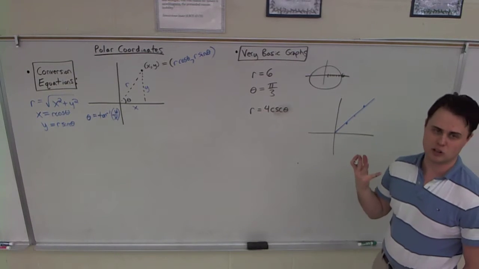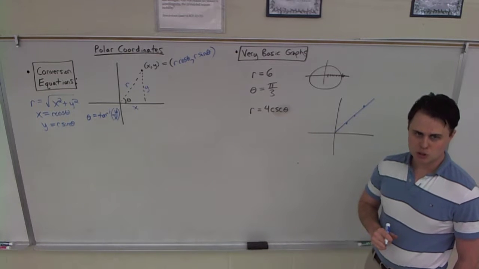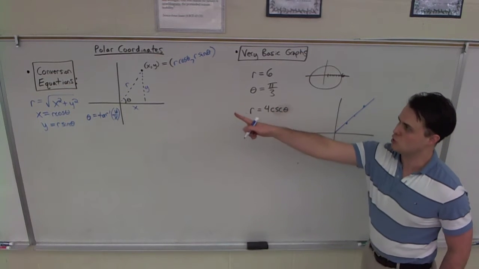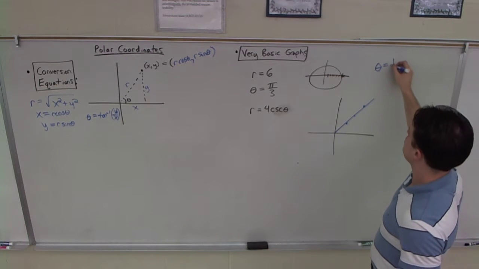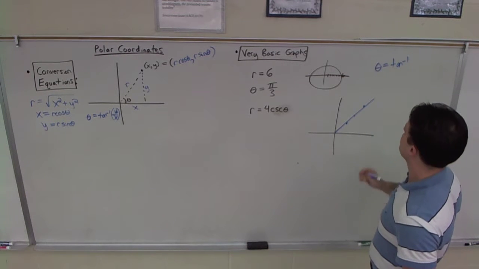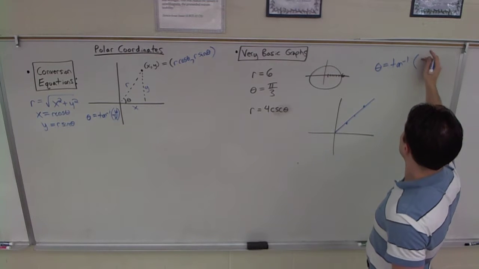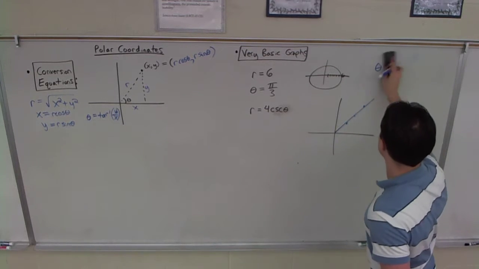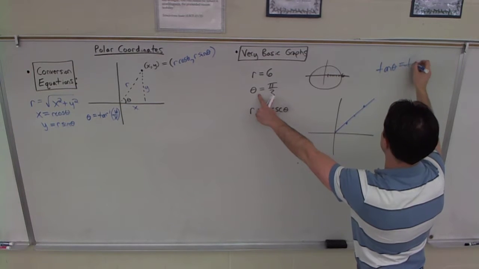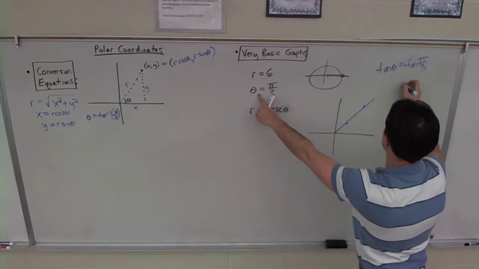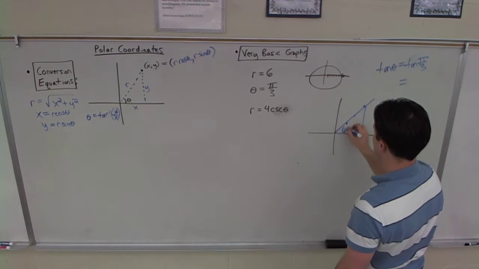If you want to figure out the rectangular version, then you'd go and use one of those, and you could say, oh, theta equals the inverse tangent. You know what? I don't like using that one for this. I'm just going to operate on both sides of this and say the tangent of theta equals the tangent of pi over 3. What's the tangent of 60 degrees here?